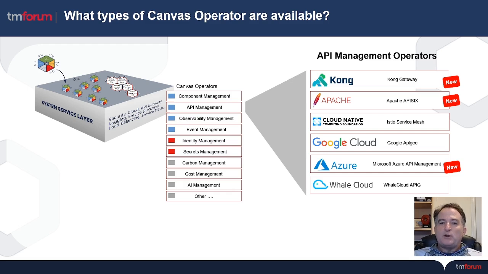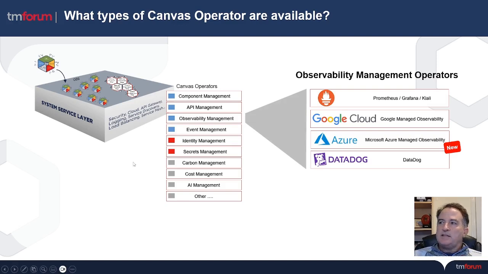And API operators automate the configuration of the API gateways and service meshes. Now we have reference Canvas operators for the Kong API gateway, for Apache APISIX, and for just managing the Istio service mesh itself. And Google, Microsoft and Whale Cloud have created API operators for their own native services.